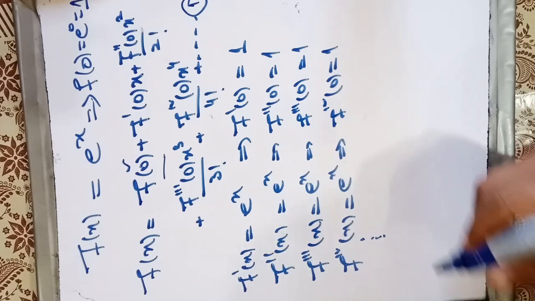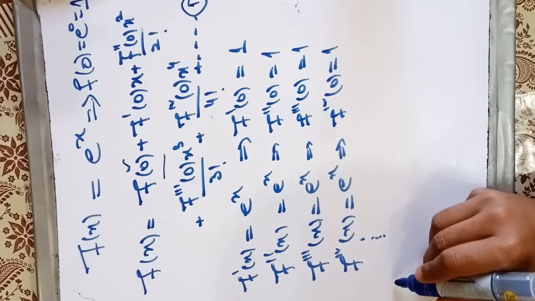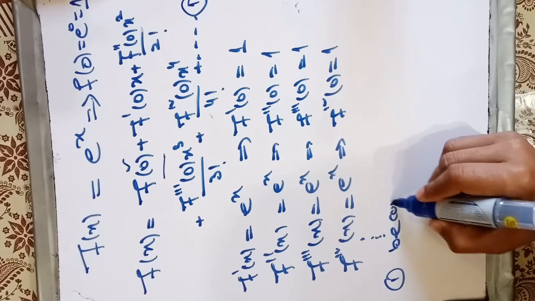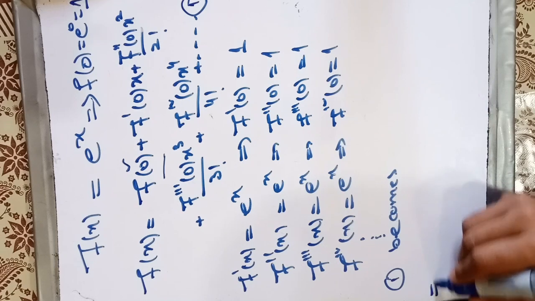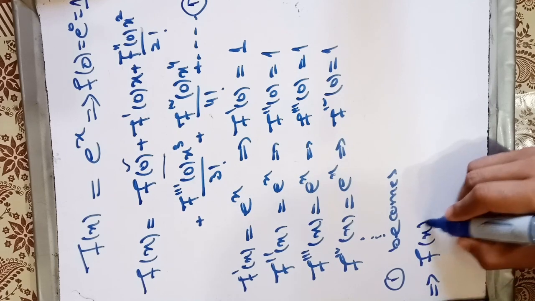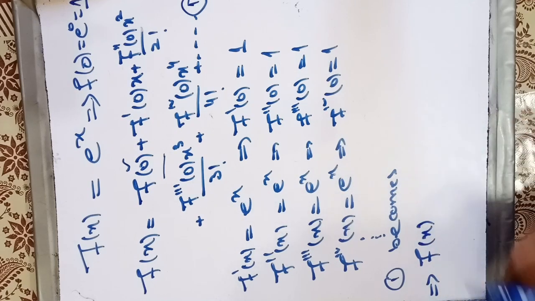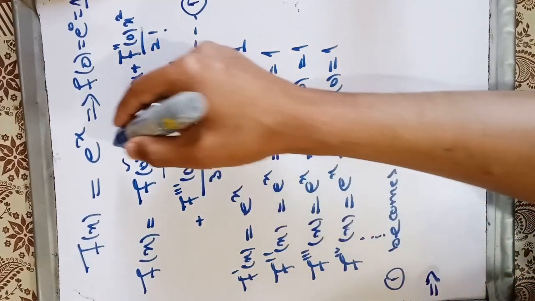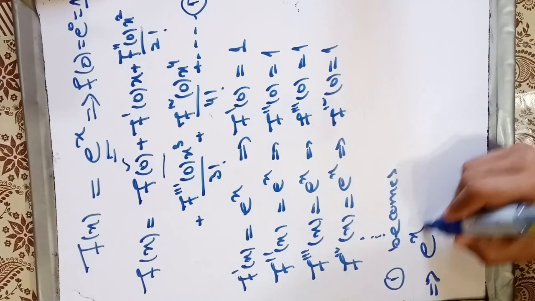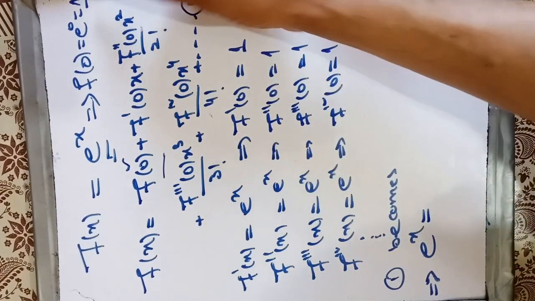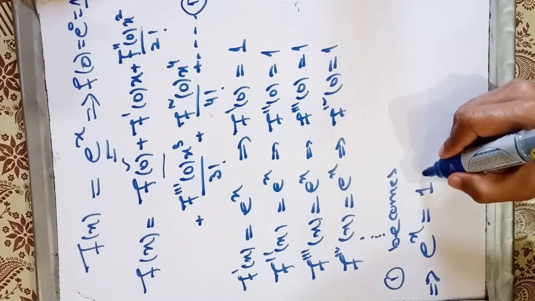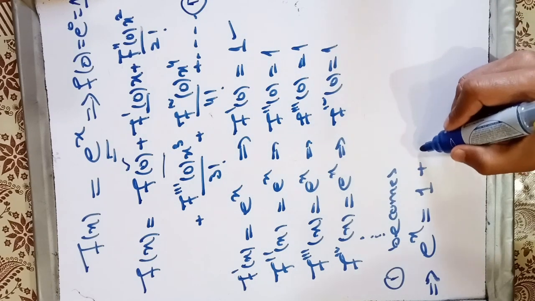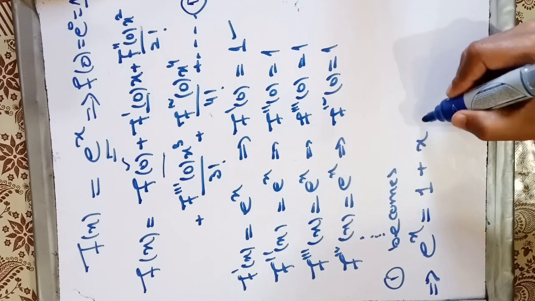So following this pattern, if we put it in equation 1, equation 1 becomes: f at x is equal to e raised to power x, and f at 0 is equal to 1, so 1. For f prime at 0 we know it is 1, so no need to write anything, just x.